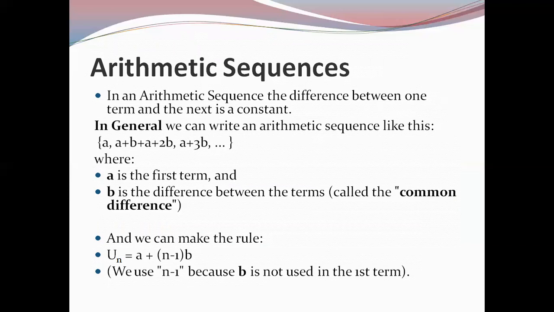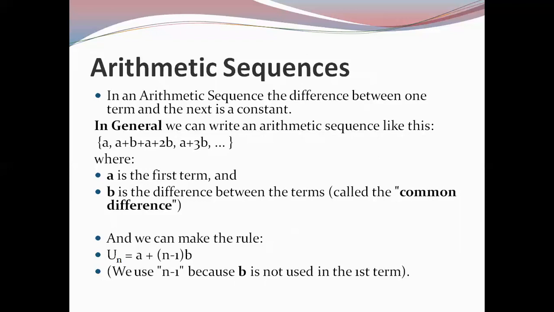In general, we can write an arithmetic sequence like this: a, a plus b, a plus 2b, a plus 3b, and so on, where a is the first term and b is the difference between the terms, called the common difference.